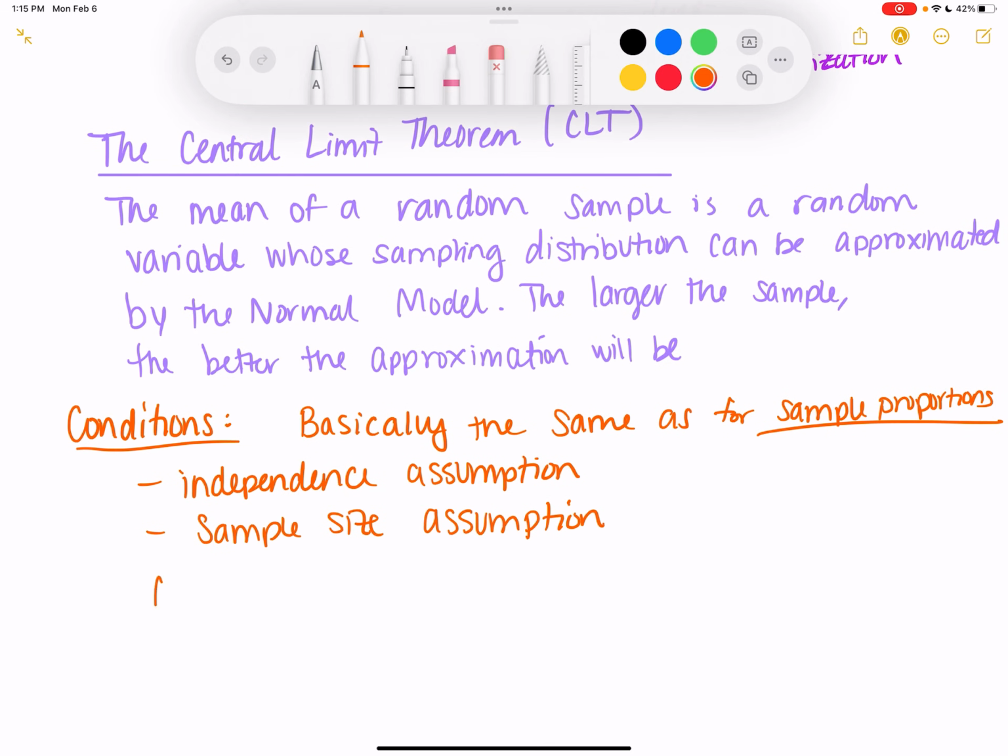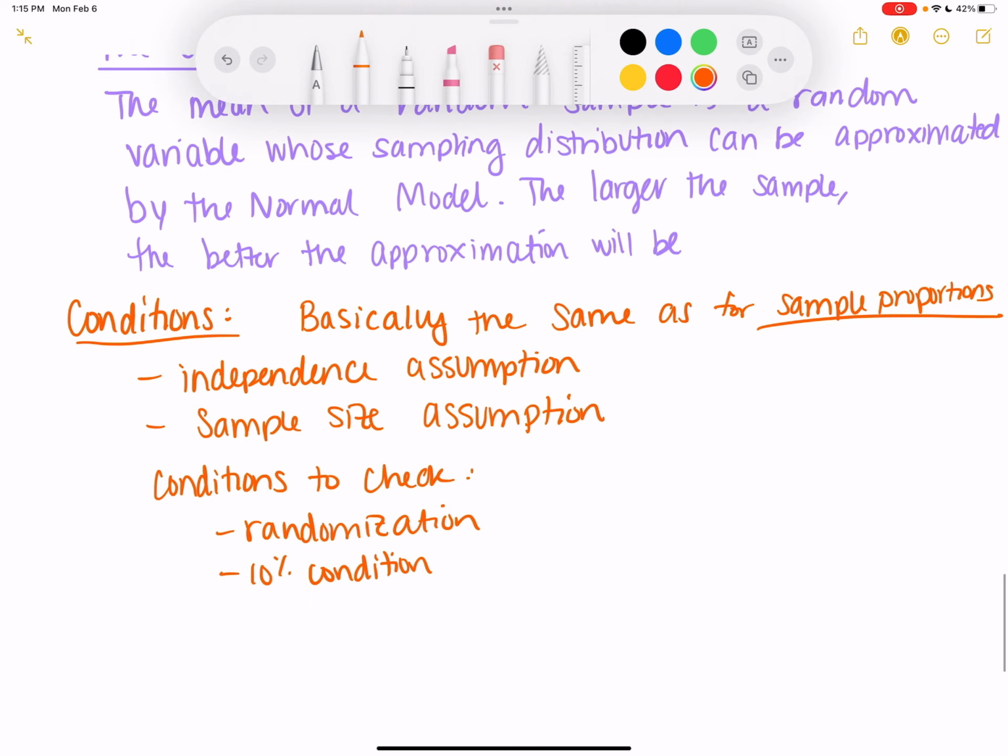And then the conditions to check: we have randomization, we have a 10% condition, and a large enough sample.